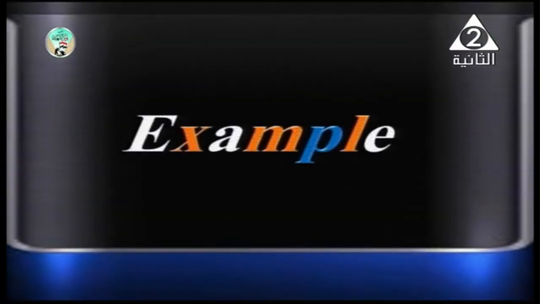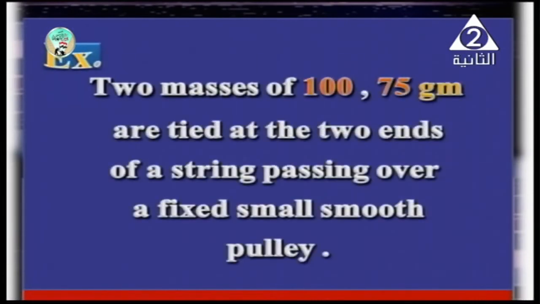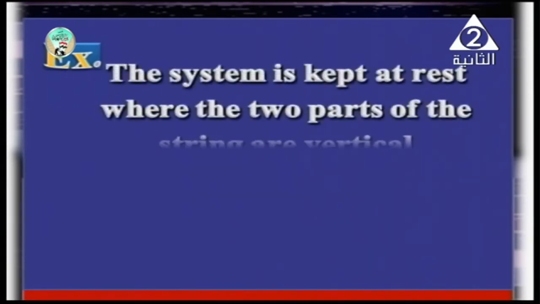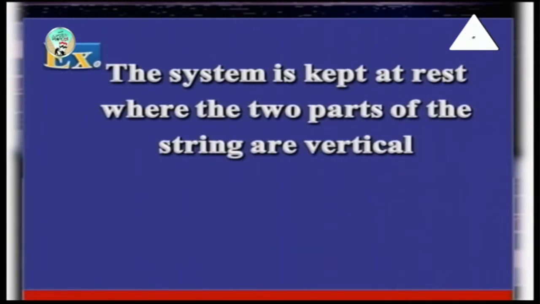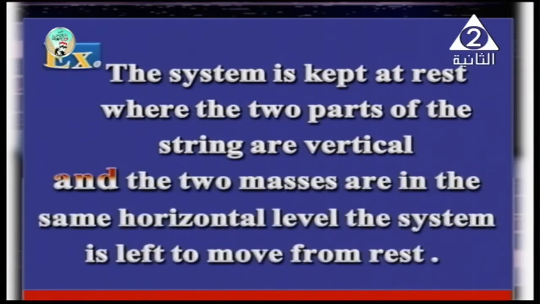Another example. My dear student, two masses of 175 grams are tied at the two ends of a string passing over a fixed smooth pulley. The system is kept at rest where the two parts of the string are vertical and the two masses are at the same horizontal level.